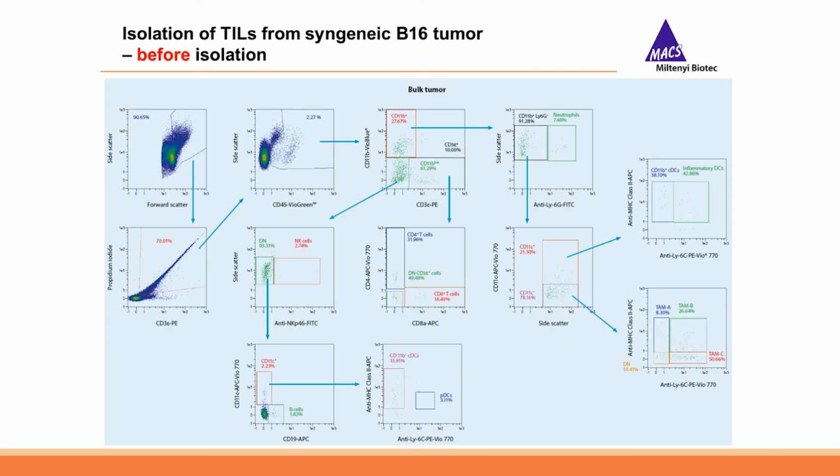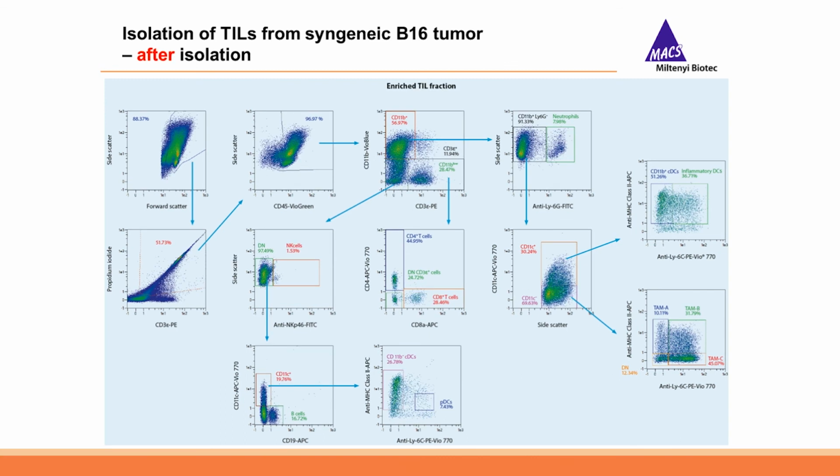This is just one example. What I have just pointed out in a numbers game is that we said, okay, we will not acquire more samples, but we just do a flow analysis on a B16 tumor without isolation, what you see here, and we just acquire 100,000 events to keep the time the same for the analysis. So this is the information on the subpopulations that you get when you acquire 100,000 events on the immune subpopulations.